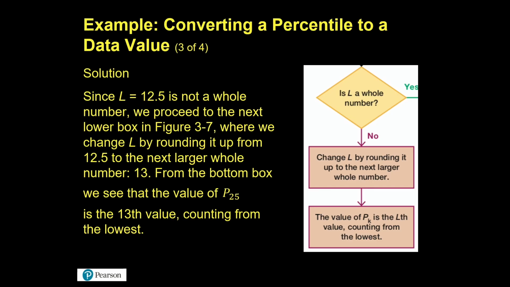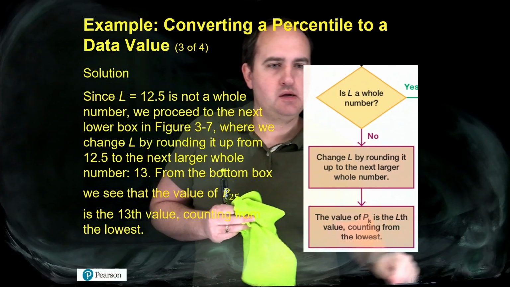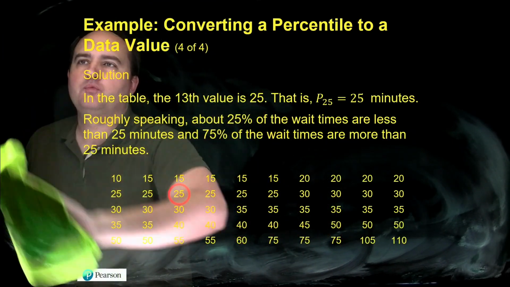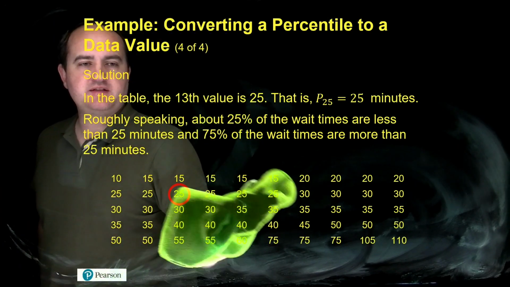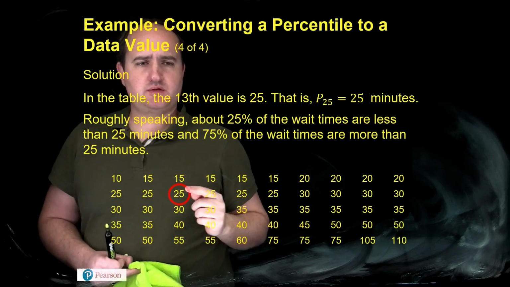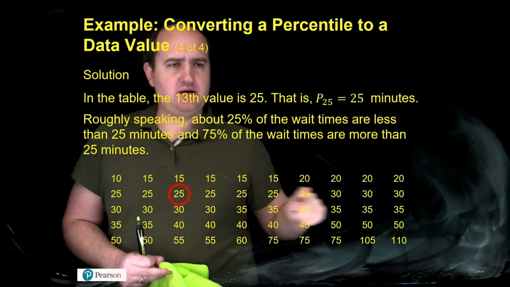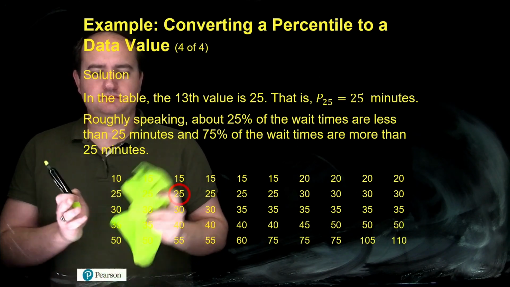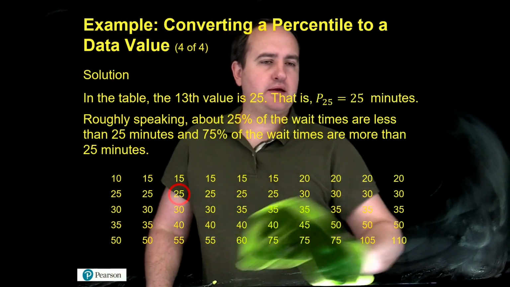Because the data was already sorted in increasing order, we look for the 13th value, which is this one right here. So there are 10 here, 11, 12, 13. That's the 13th value.